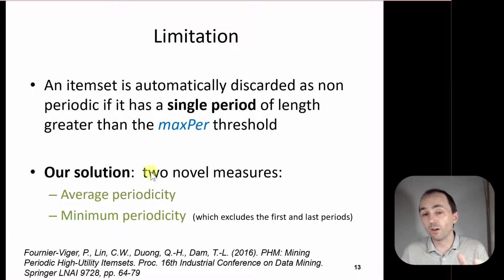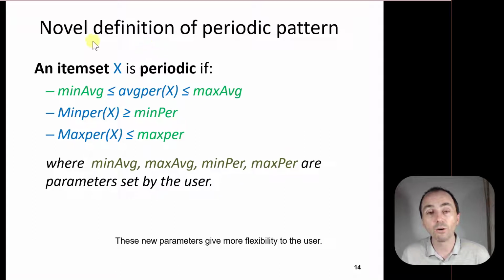So here, for the periodicity, I have to say we use the number of transactions, but we could also use the timestamp. It will also work, okay? So let's look at our novel definition of periodic pattern. We say an item set X is periodic if the average of the periods of X is between some minimum and maximum.